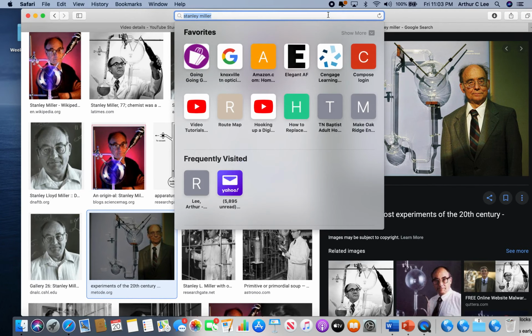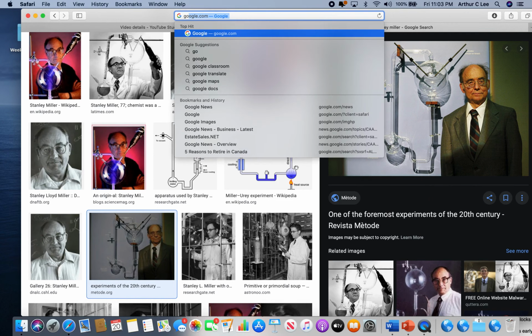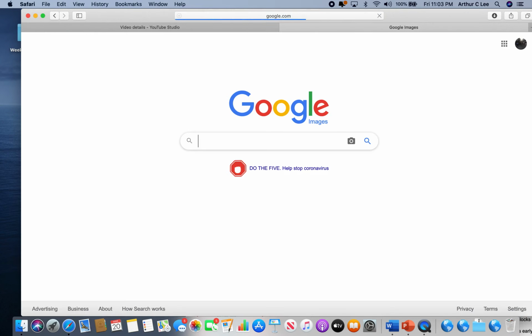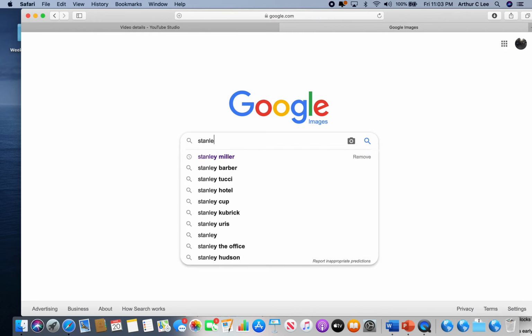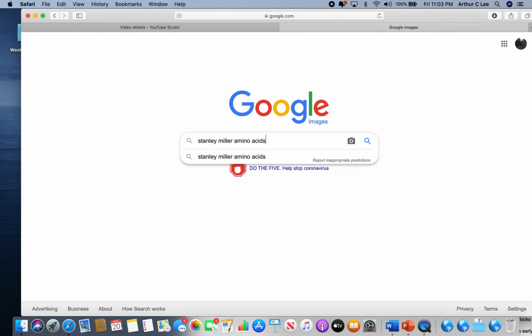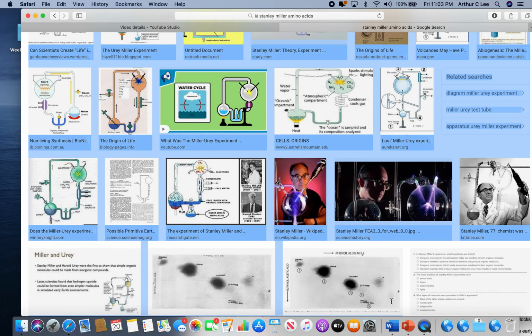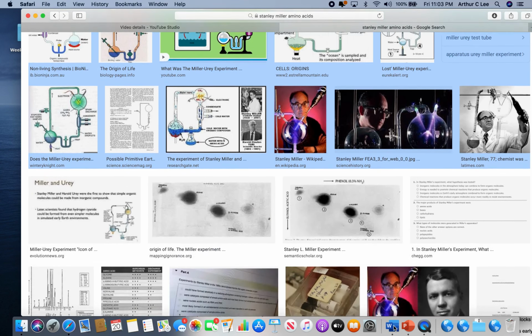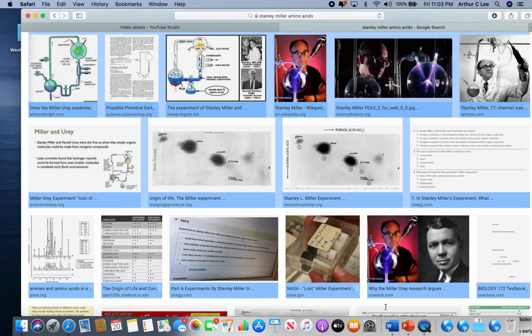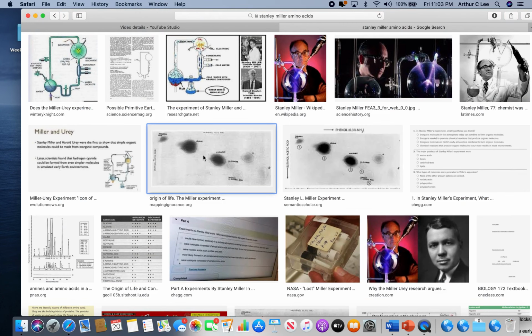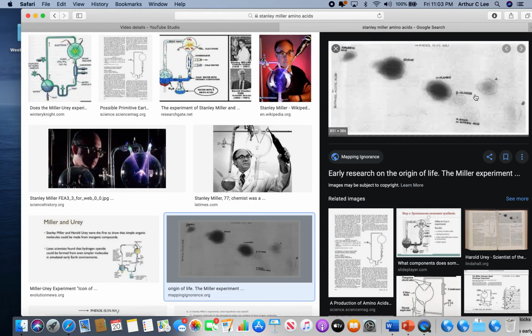So, going back to this, I'm going to show you what he made. Stanley Miller made amino acids. What are amino acids? Well, these things are amino acids.